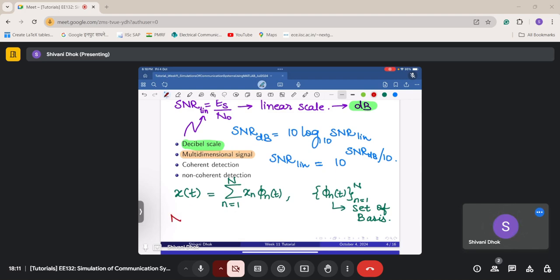So N is the dimension of the signal space spanned by these bases.